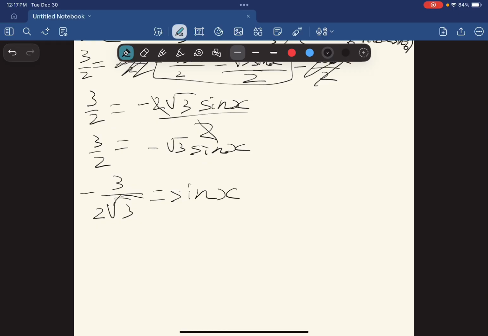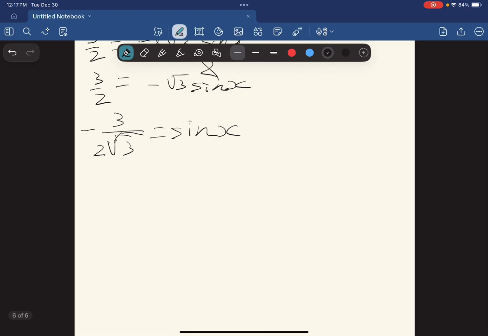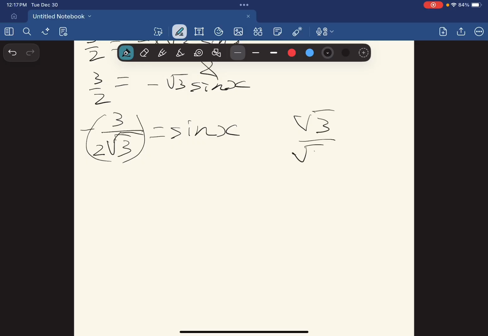And you're wondering, oh, there's no function that looks like this. And you'd actually be right, but you're also wrong, because we can rationalize this to make it something we know, right? So we multiply this whole thing by root 3 over 3, because that's how you rationalize.